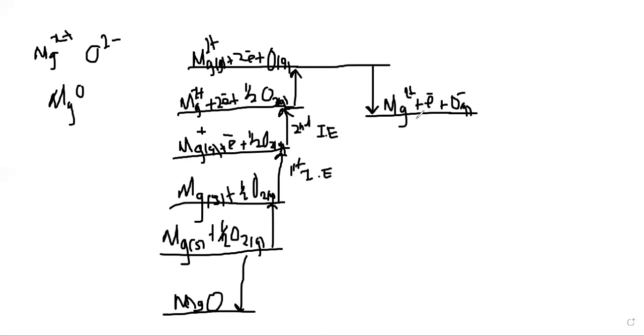For the state symbol, that's a guess. All right. So first electron affinity, that is here. The second electron affinity is endothermic.